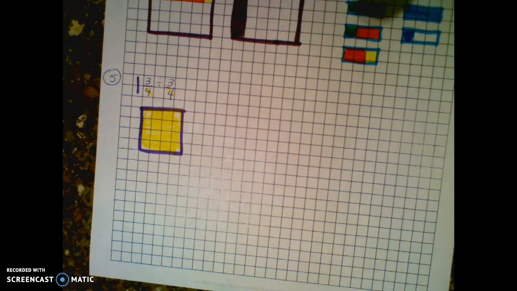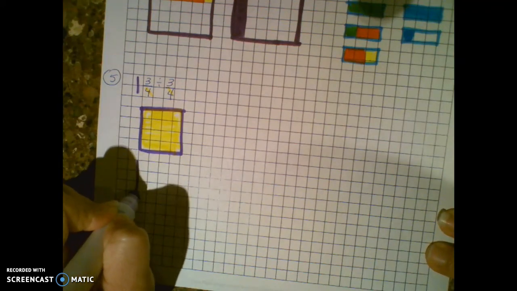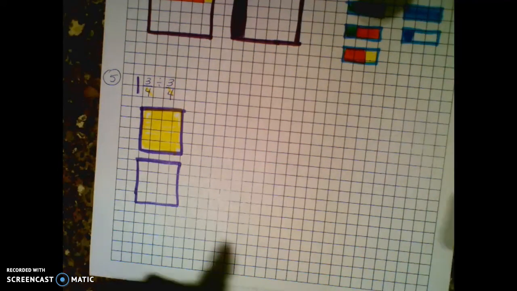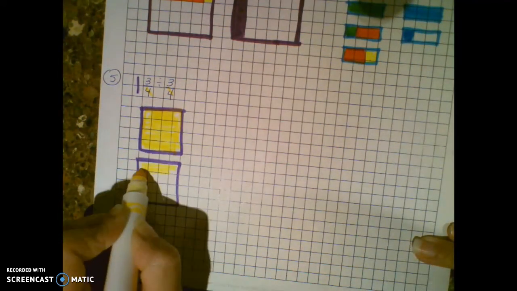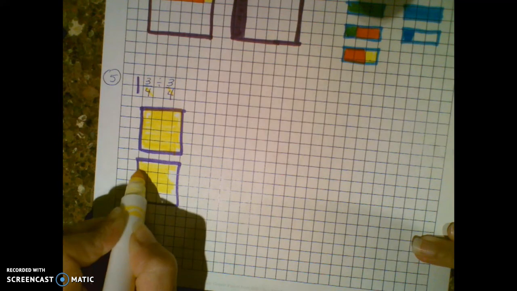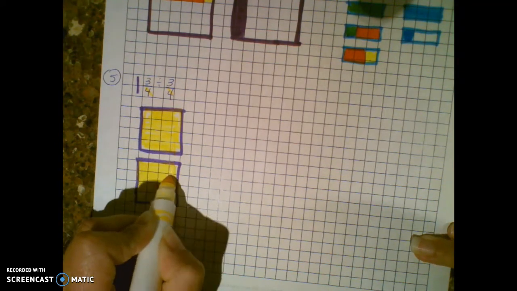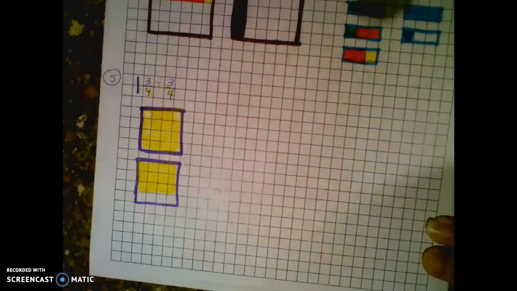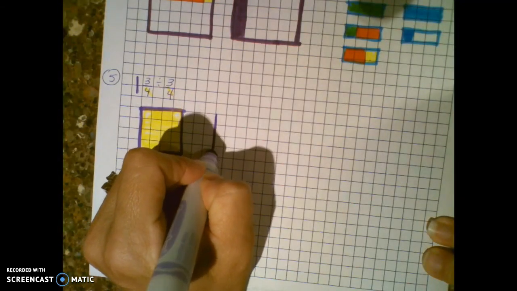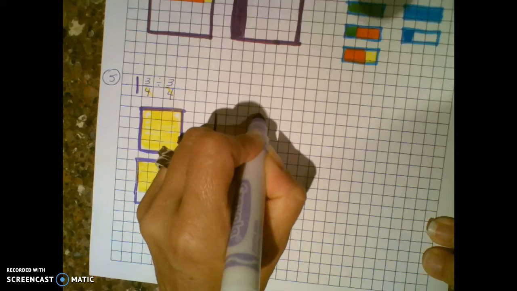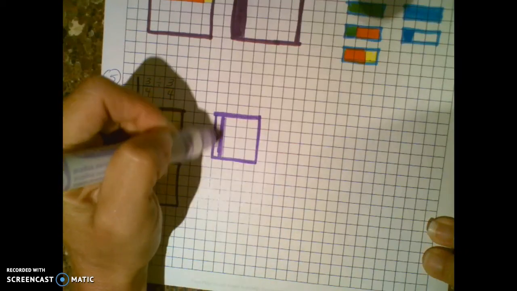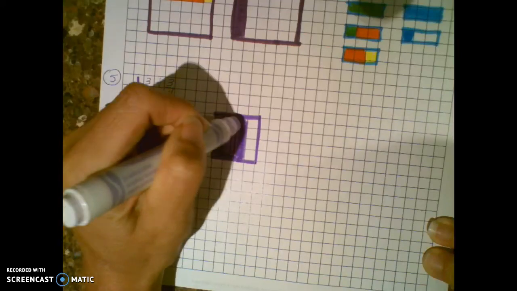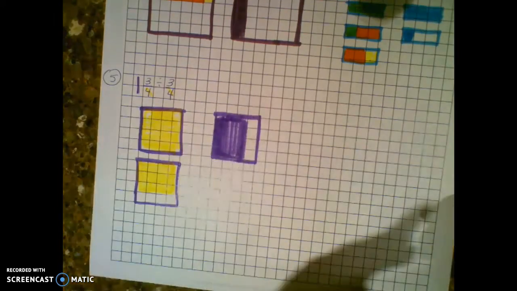And for my second, because I need 3/4 of it, I'm going to do another 4/4 here, but I'm only going to shade in 3 of my rows because I only want 3/4 of that model. Okay, again, because I want 3/4, I want to know how many times does 3/4 go in, so I'm going to take my model and shade in 3/4 of it, which is 3, 6, 9, 12 pieces.